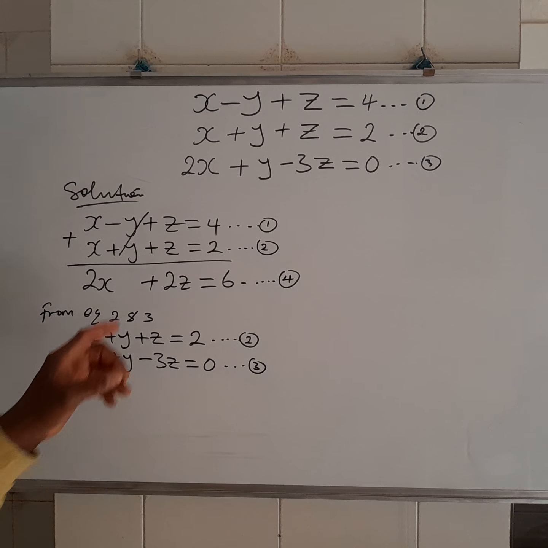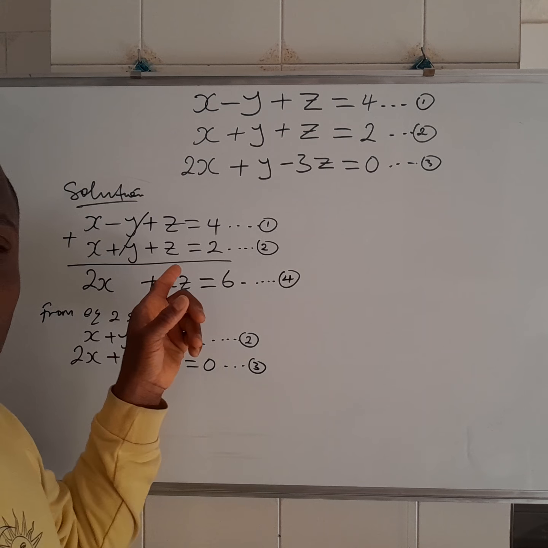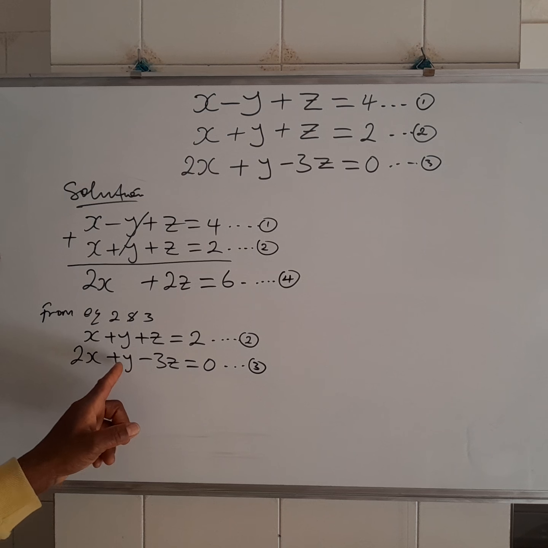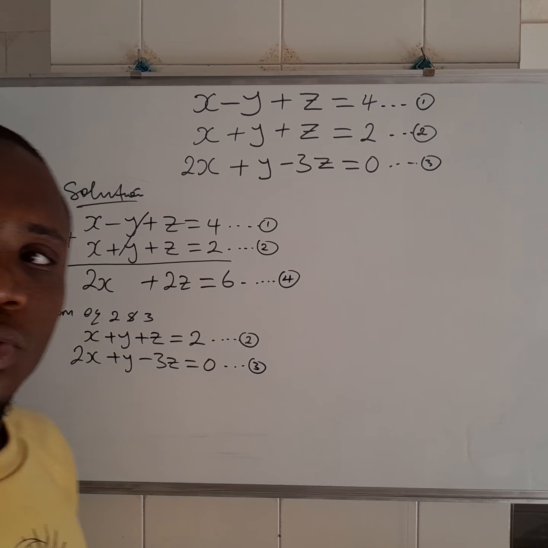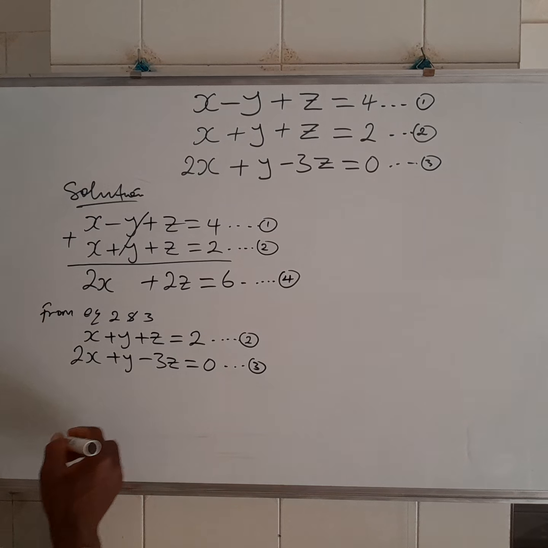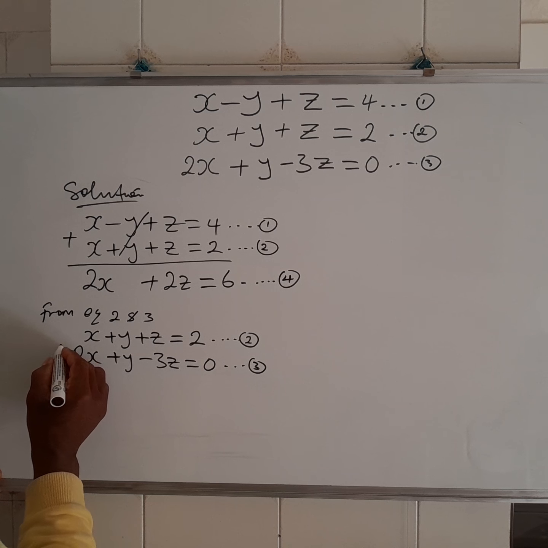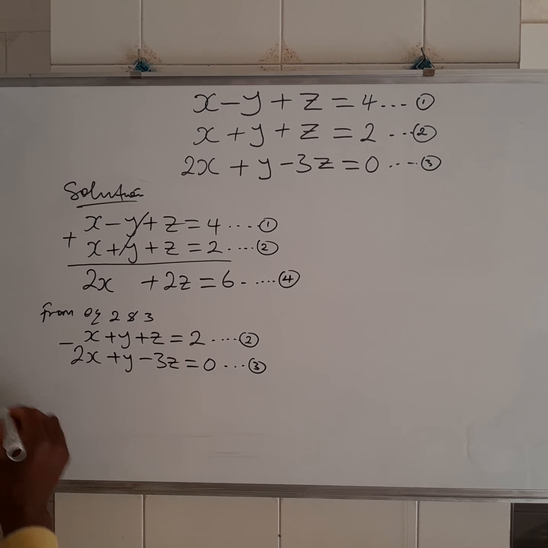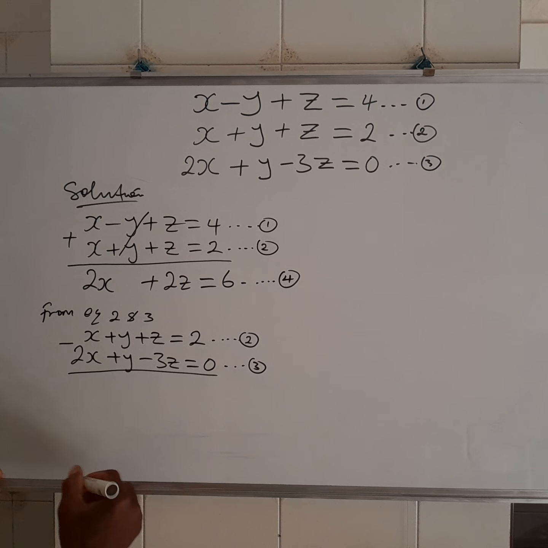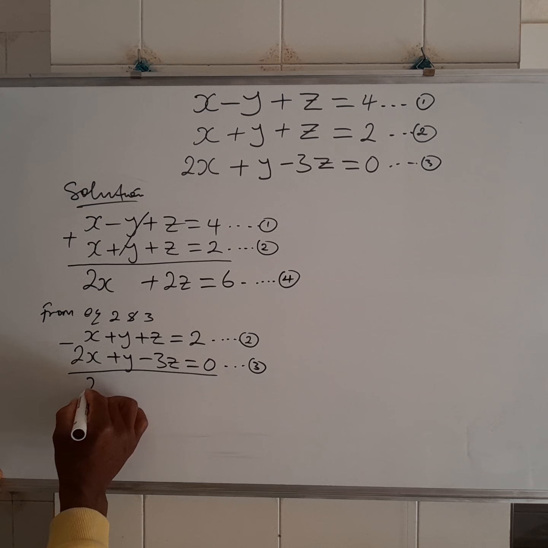Because we eliminated y in the first two, let us also eliminate y in this second two. From here, for us to eliminate, we have to subtract both equations. When we subtract, we have 2x minus x. This will give us x here.